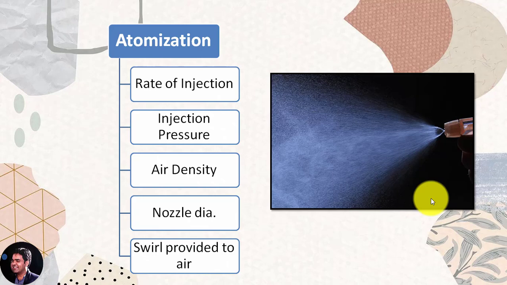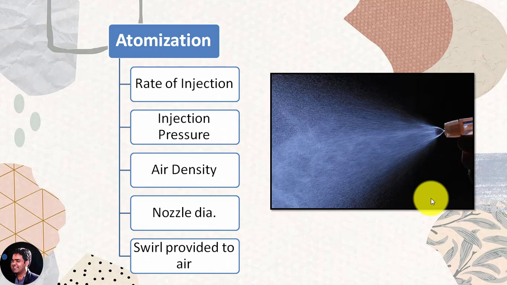This is the reason why we consider atomization as one of the most important factors while designing a fuel injection system. Now this atomization process depends on a few parameters like rate of injection, injection pressure, air density, nozzle diameter, and swirl provided to air.